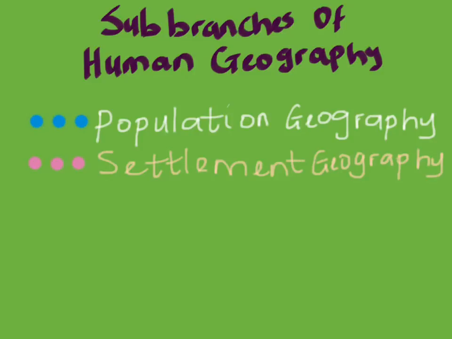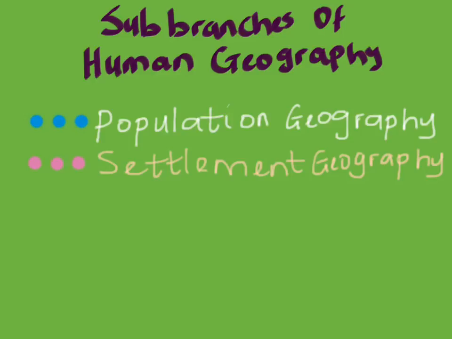Settlement geography is the study of human land and any form of human habitation. For example, the kind of housing pattern that is being constructed in a particular place. Therefore, settlement geography deals with the housing pattern of a place, be it linear, cluster, or dispersed housing pattern.